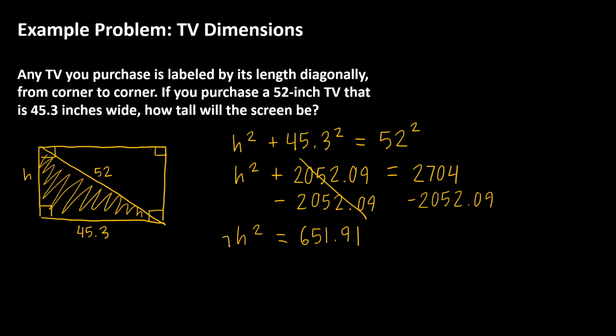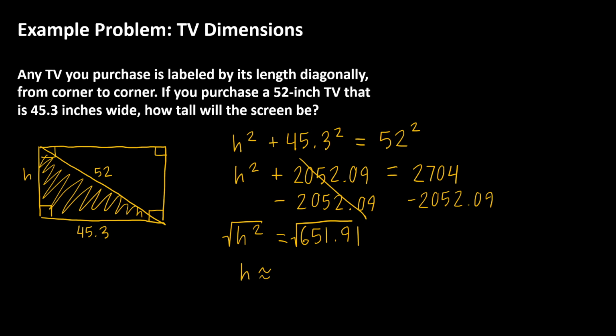So we are taking the square root of h squared and the square root of 651.91. So h is going to be, and we're going to have to estimate again, we need to find the square root of 651.91.